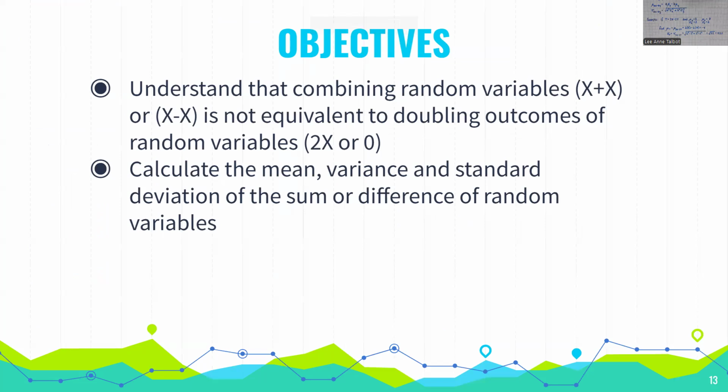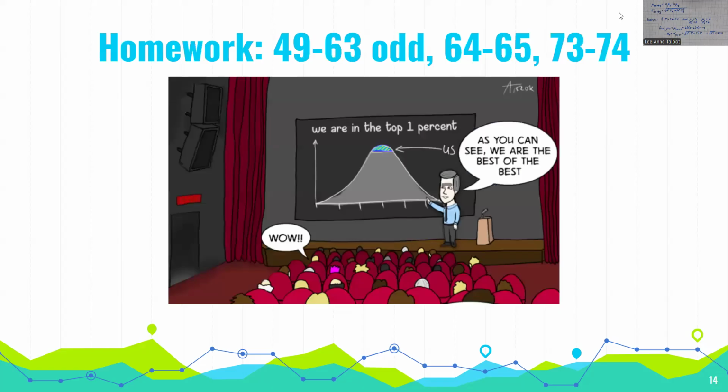Do we decide that combining x plus x or x minus x is not equivalent to doubling outcomes? Okay. Do we calculate the mean, variance and standard deviation of the sum or difference of random variables? Okay, there's the homework.